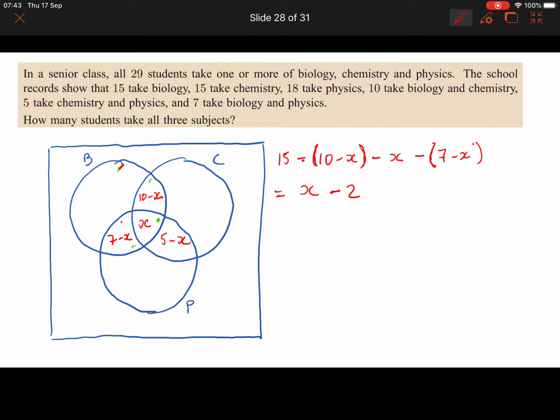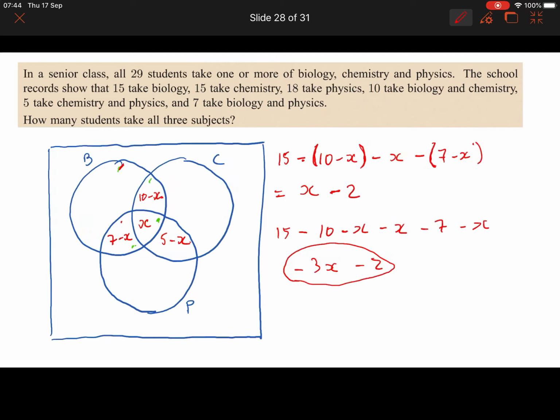If you don't use brackets, you'll make this mistake that you always make. Not just you. Lots of students. And you'll end up with the wrong answer, because that would be minus 3x minus 2. And that can't be possible, because that would be a negative number.